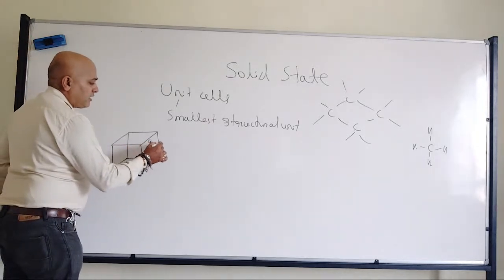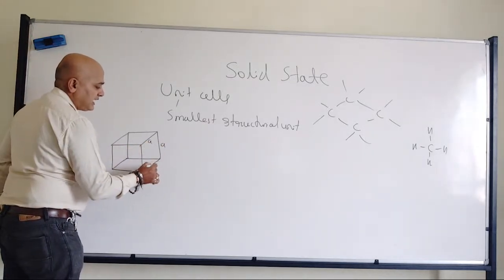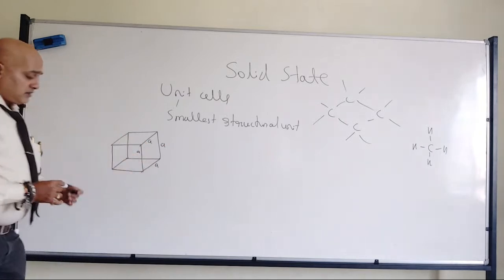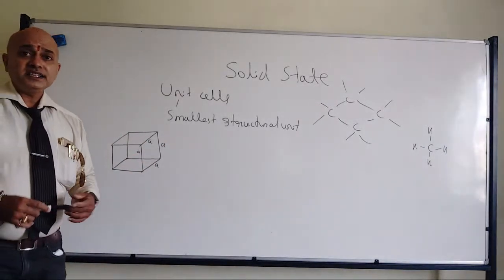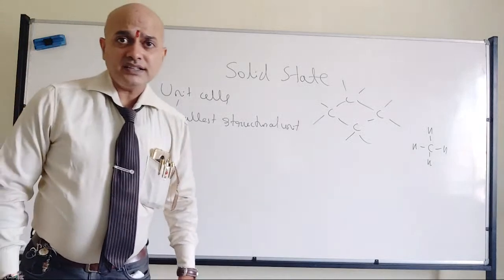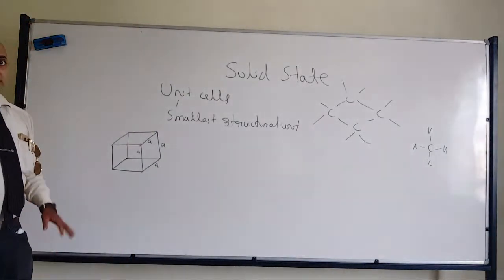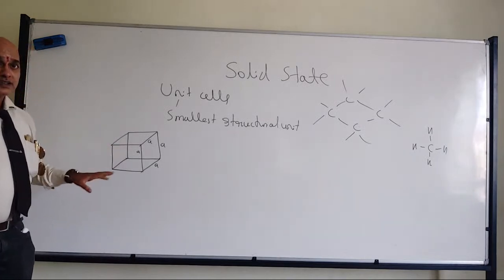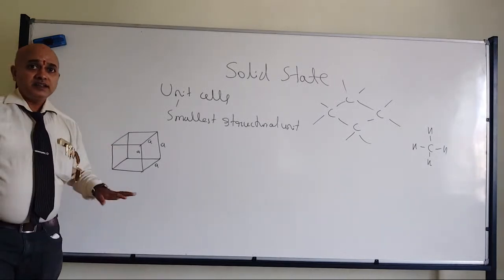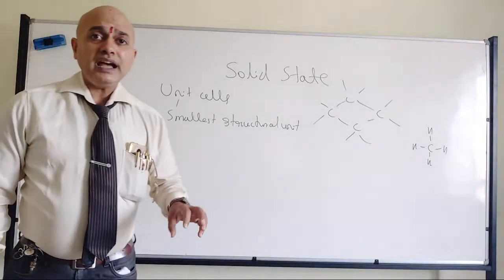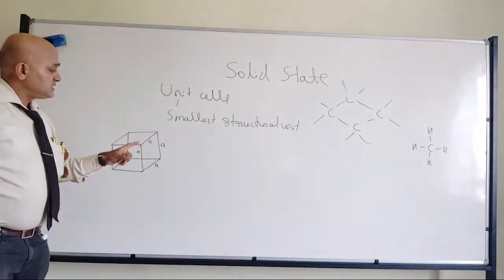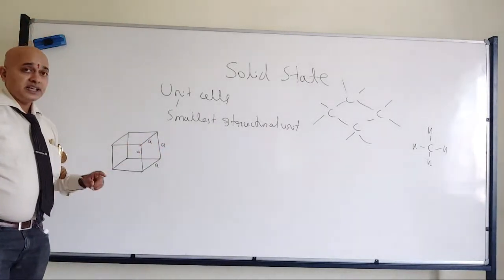Everything is constant, so all the edges are of equal length. That's why it is called a cube. But it can be variable. This is one type of unit cell, not the only unit cell, where all the edge lengths are constant.